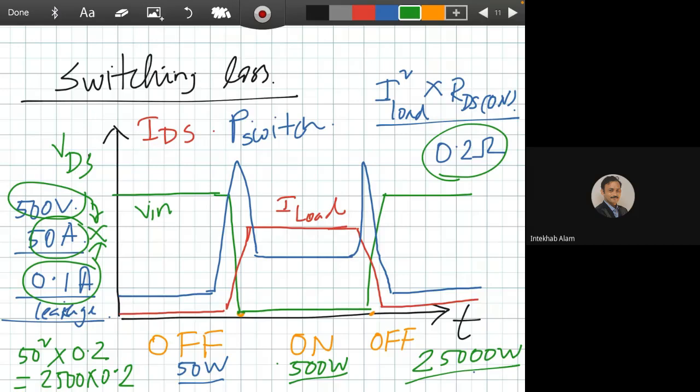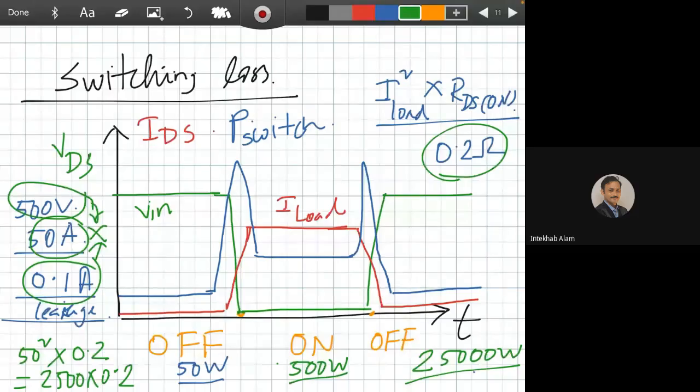A transformer may have 10% loss, so it's a huge loss. It is a wastage of money in the air. You are generating heat using your own money, so we shouldn't do it. So not the half bridge. The main topology we use is actually the full bridge.